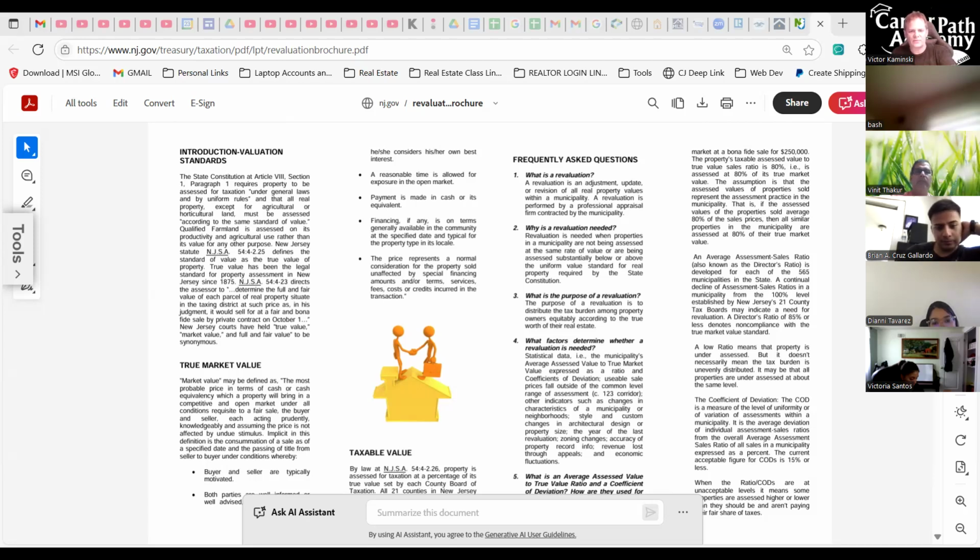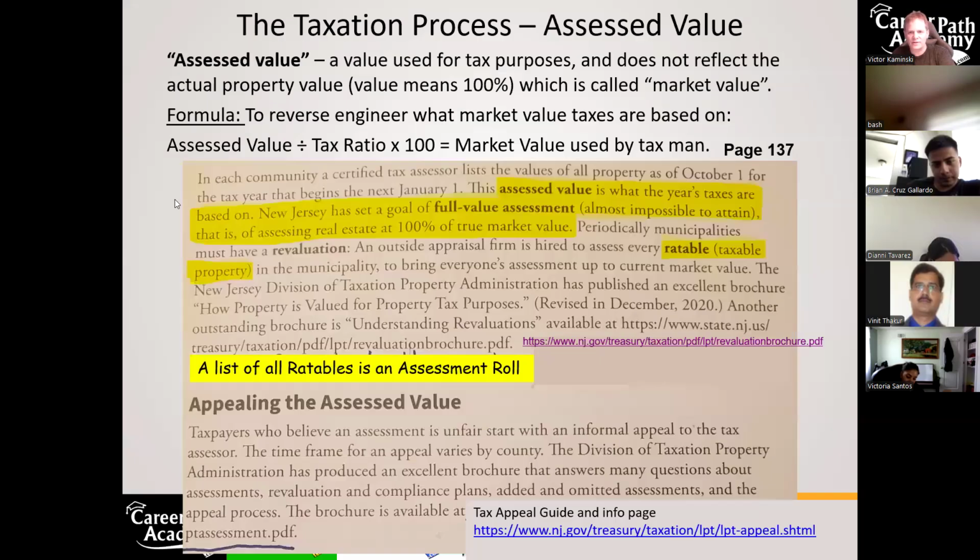Here, let me share that link with you guys. But let's first see what it was that they called it. Understanding revaluations. Oh, okay.